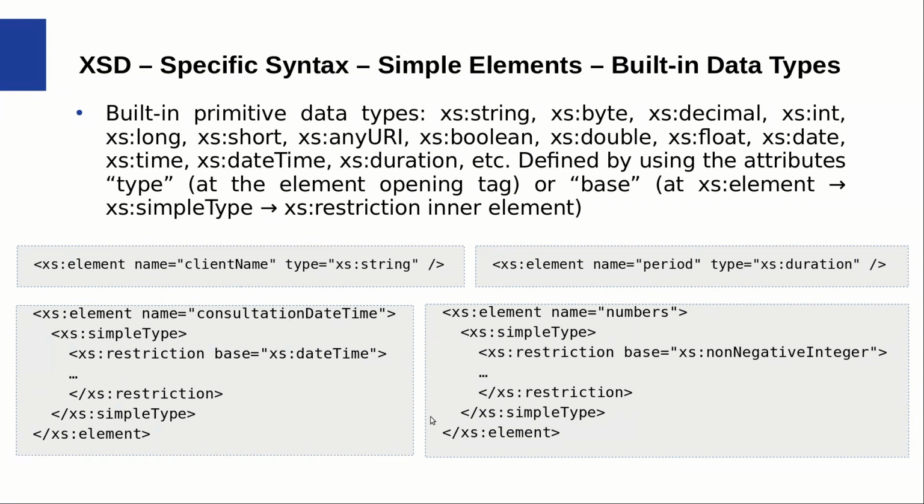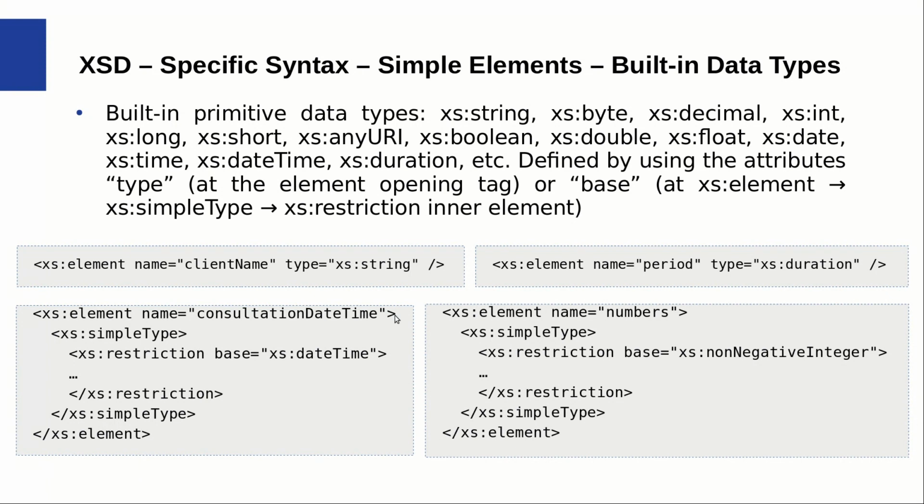Then we have two other examples here using the extended declaration type. For example, here we are declaring an element named consultationDateTime, which would have as content a date time for a certain consultation with some clinician, for example.